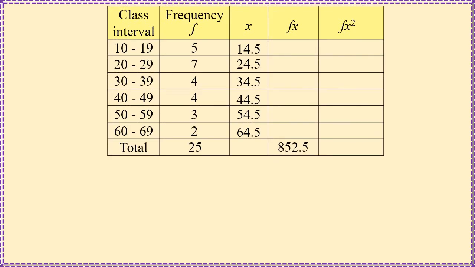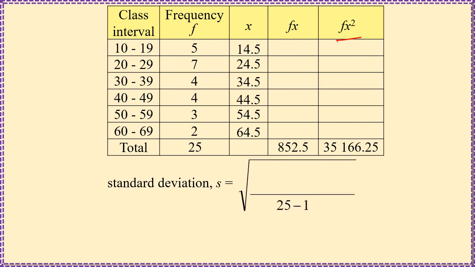And then for the variance or standard deviation, we just need to continue with the value of summation of fx squared. So we have the value here, substitute all the values into the formula. So 1 over n minus 1 equal to 25 minus 1. And then at the top, it will be summation of fx squared, which is equal to 35166.25 minus summation of fx, which is equal to 852.5, squared, divided by 25.